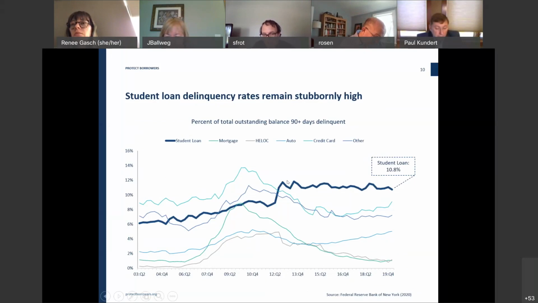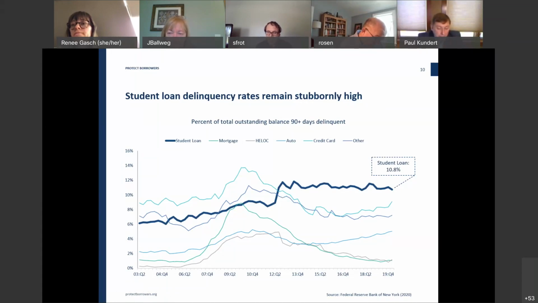But nearly all of them reverted to their pre-recession norms just a couple months ago, except for the student loan market, where we saw a lag in the amount of delinquencies and the amount of borrowers who are behind as people went back to school.